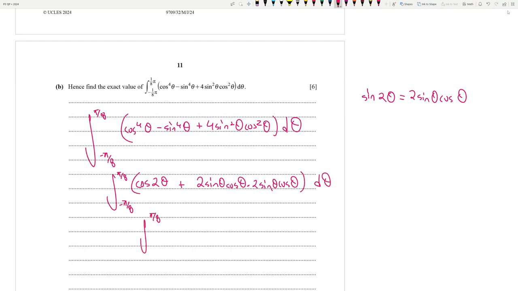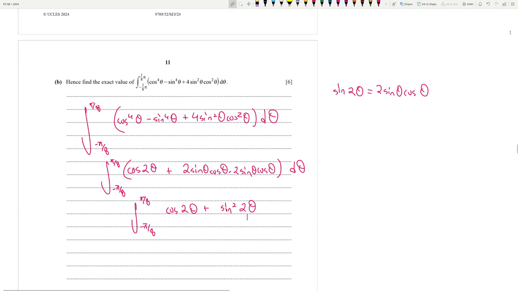So what can we write really? Cos 2 theta plus, it's basically sine square 2 theta. This is what we end up with, sine square 2 theta.